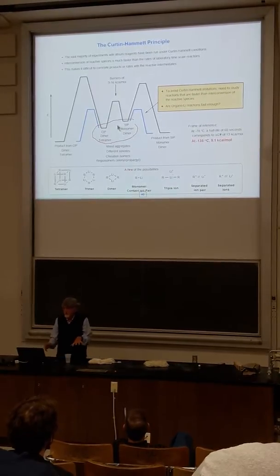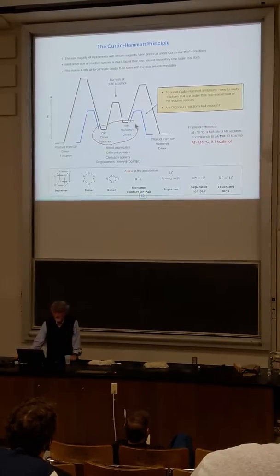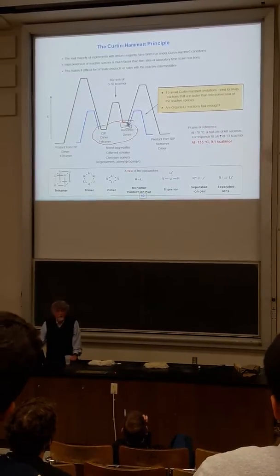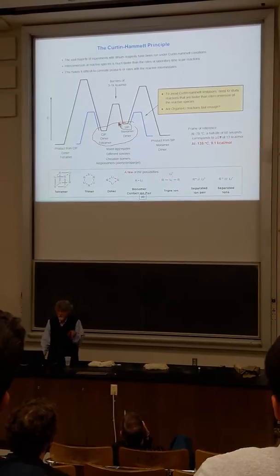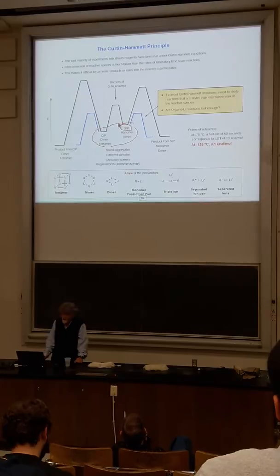They're in equilibrium, and either one could be doing it, or one could be doing all of it. In the case I've shown you, it looks like the separated ion pair is doing all of the chemistry, even though what you see in solution is the contact ion pair, to a very, very high extent.